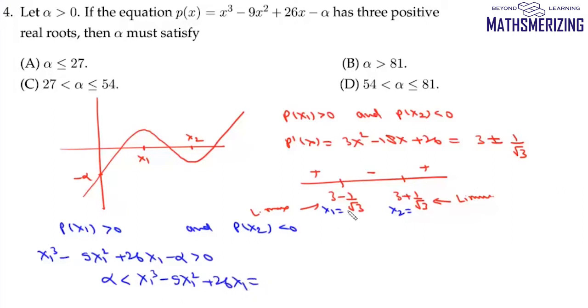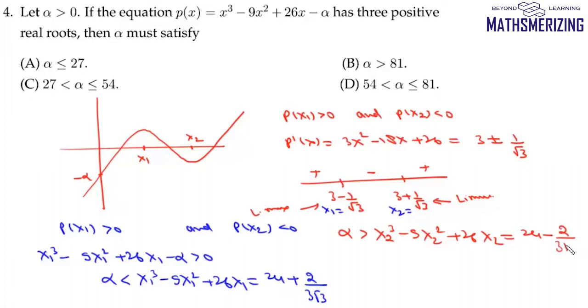Now we'll put the value of x1 as 3 minus 1 by root 3. We'll get this value as 24 plus 2 upon 3 root 3. Now in the same way, for P(x2), we'll get alpha is greater than x2 cube minus 9x2 square plus 26x2, and this value is 24 minus 2 upon 3 root 3.